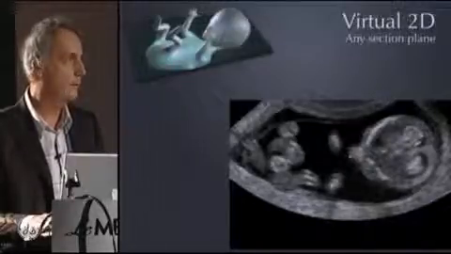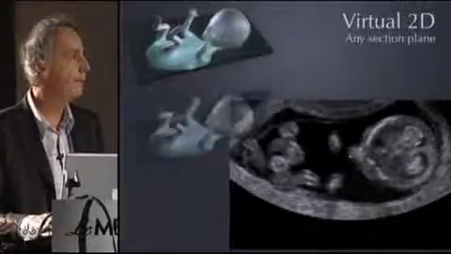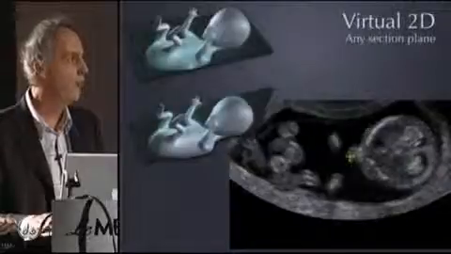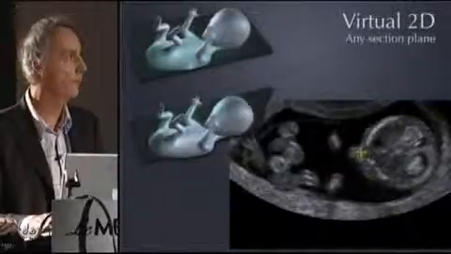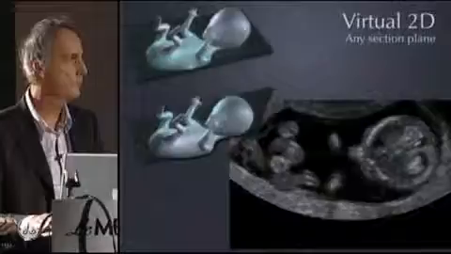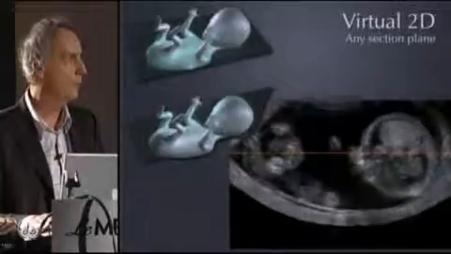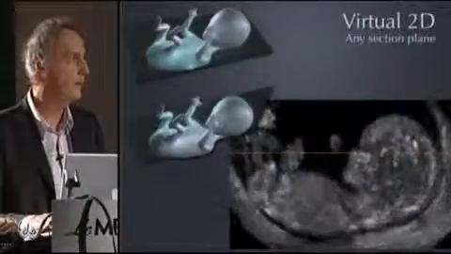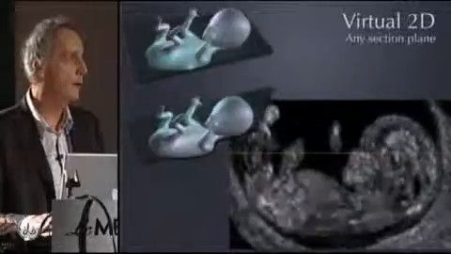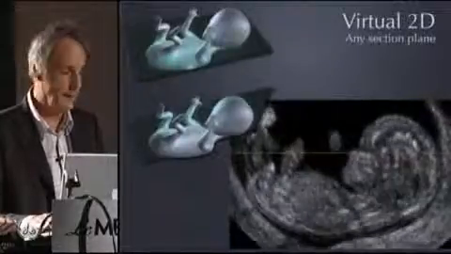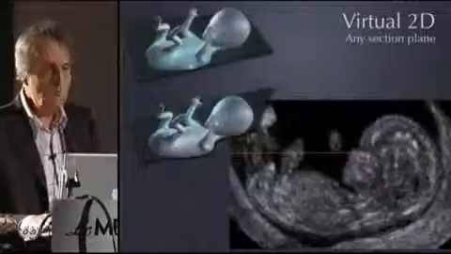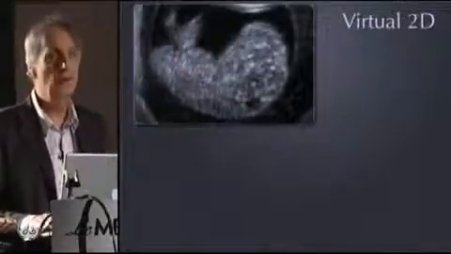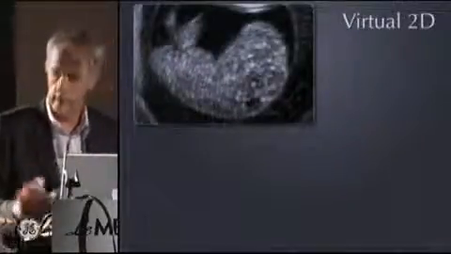So you can take a block, a volume, and after you only have to rotate inside the block to obtain the C-plane. And in this case, you can do the measurement of the chorion length. But the C-plane sometimes is not really good, and you can improve it. I will show you after how to do it.